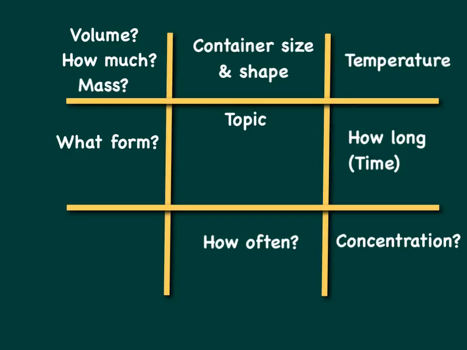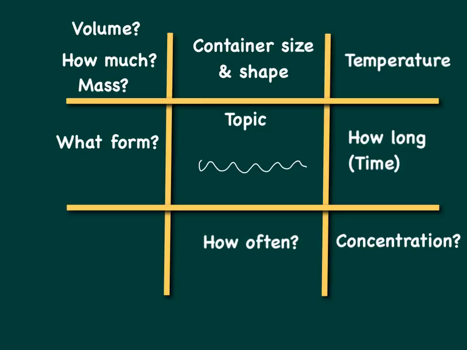Now what we do is we put the topic in the middle here. And then in each of the boxes around the outside, we put a series of things that allows us to decide what we think can possibly change. So all the things we can possibly change.